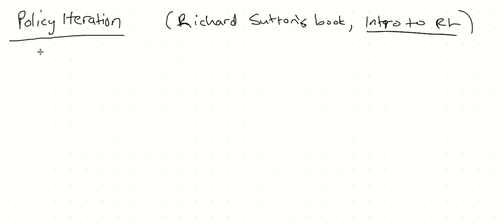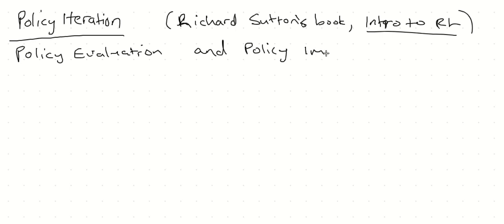So now that we've covered pretty much the basic idea behind policy evaluation and policy improvement in the two previous lectures, where we said that policy evaluation is when you are given a policy and you're trying to evaluate how good that policy is by computing the value function for that policy.